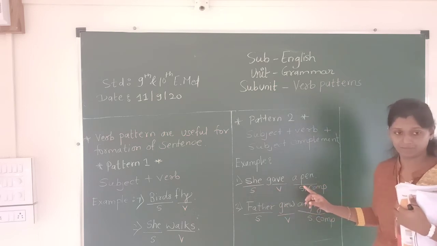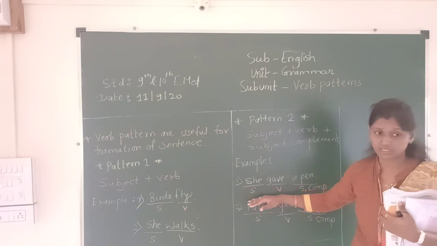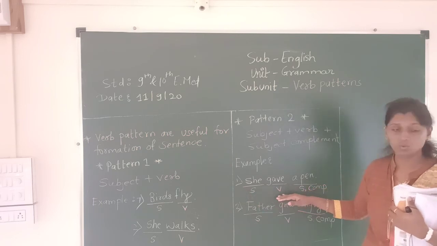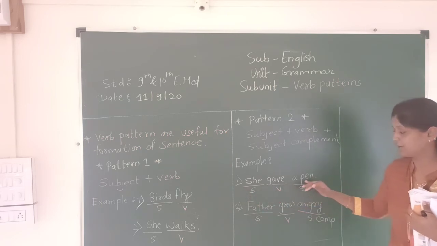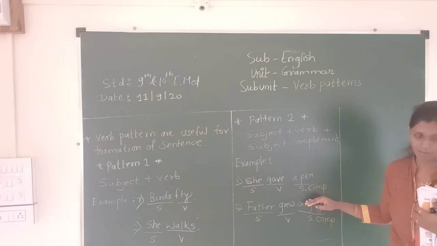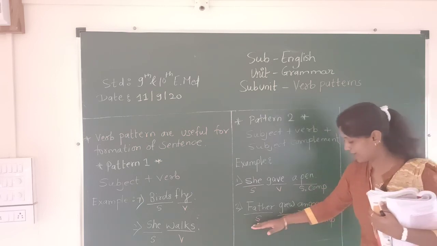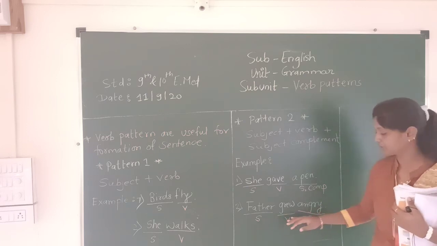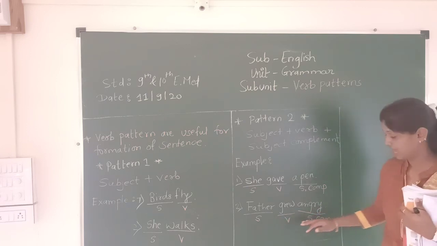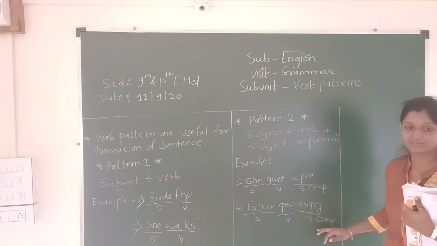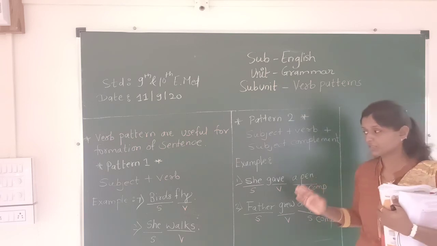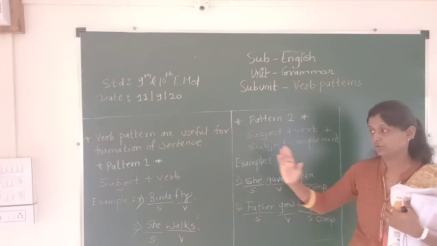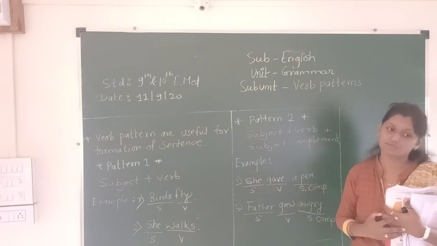For example, she gave a pen. In this sentence, she is the subject, gave is the verb and a pen is the subject complement. Then father grew angry. Father is the subject, grew is the verb and angry is the subject complement. Today we have learned the first two patterns of verb.